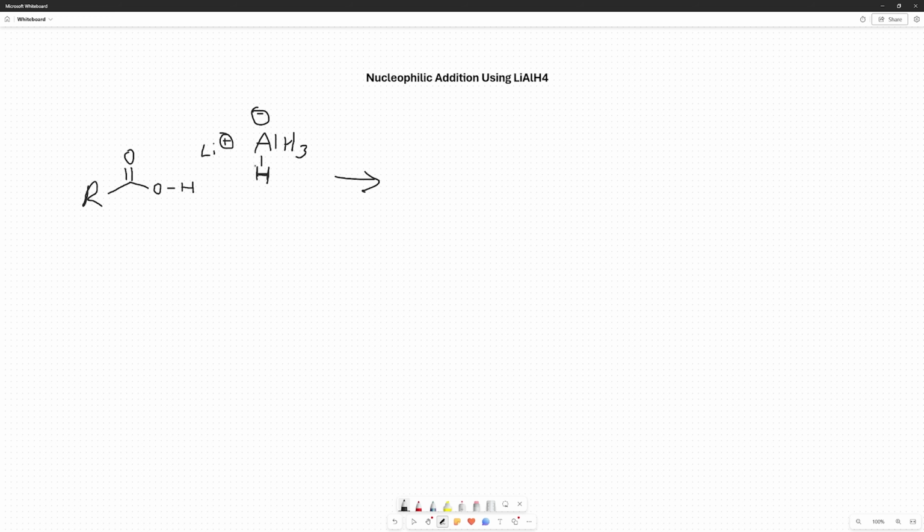So what happens is, the bond between the aluminium and the hydride is going to be donated to this hydrogen here, and you're going to be left with this. And then the electrons held in the bond between the oxygen and the hydrogen are going to go to the oxygen.